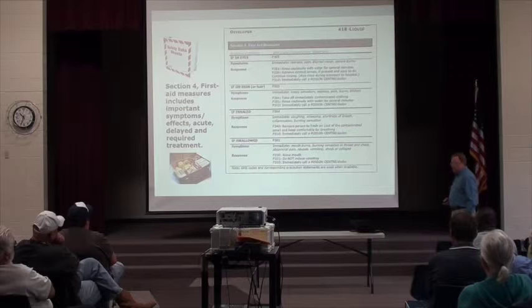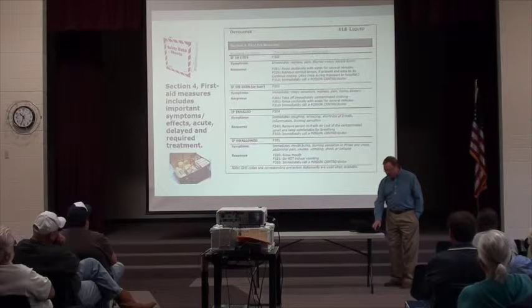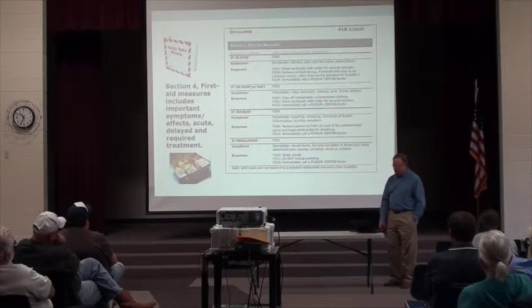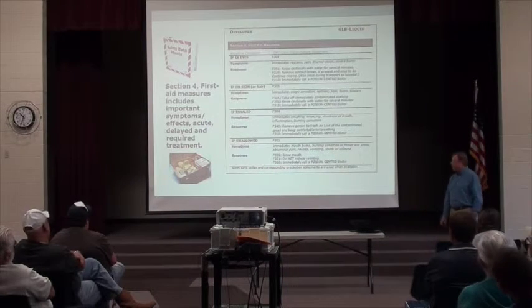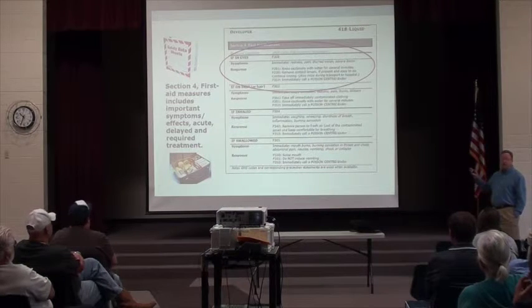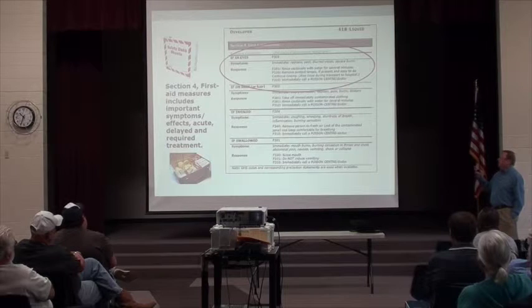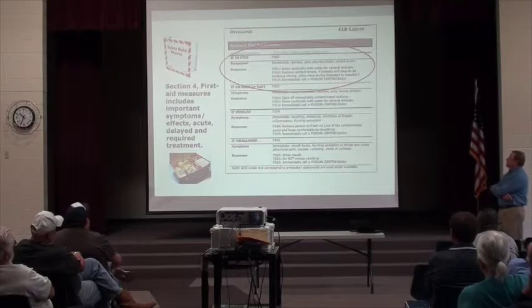In section 4, this is one that's real important if you don't handle it properly. If you don't handle it properly, you're going to have to turn to section 4 in your safety data sheet or look at the label, and that's first aid. I like the way they've got it now because it tells you right away. If your first aid is about your eyes, you go to that first section there, and it's going to say the symptom: immediate redness, pain, blurry vision, severe burn.